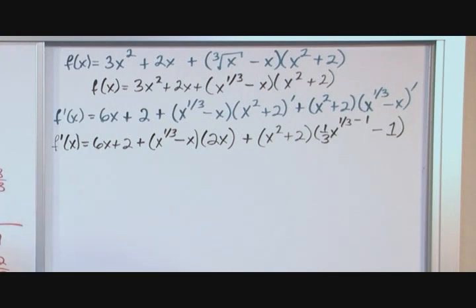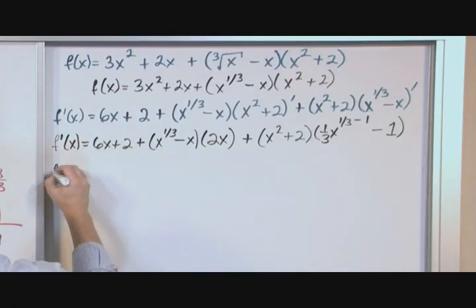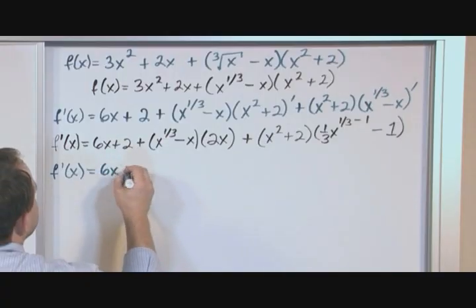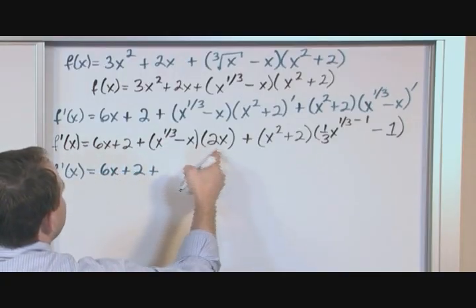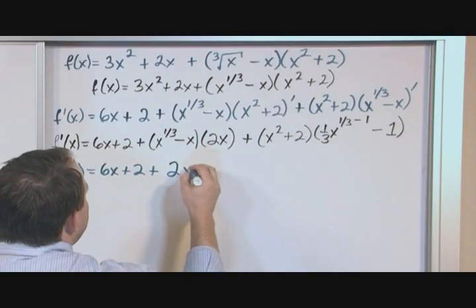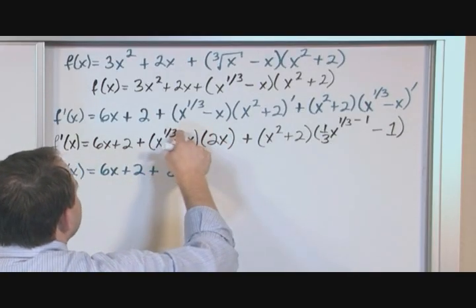Okay, so moving on to another color for the next step. What do I do next? F prime of x is equal to 6x plus 2 plus, when I multiply these guys, I'm going to have 2x, but then I'm going to have 1 plus 1/3.